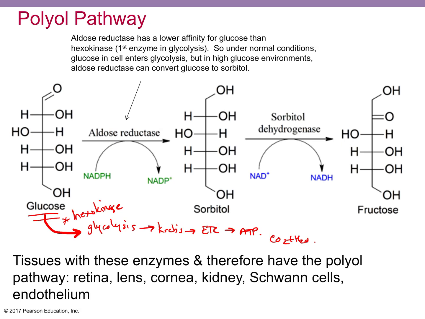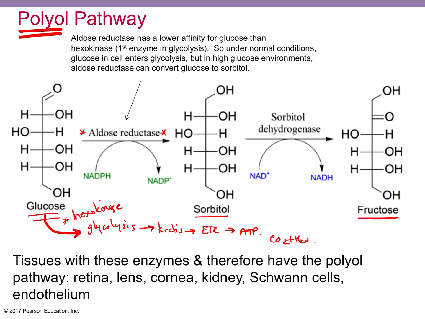This enzyme is called aldose reductase. It also works on glucose. It changes glucose to its alcohol form, the polyol form called sorbitol. And sorbitol is changed again by sorbitol dehydrogenase.